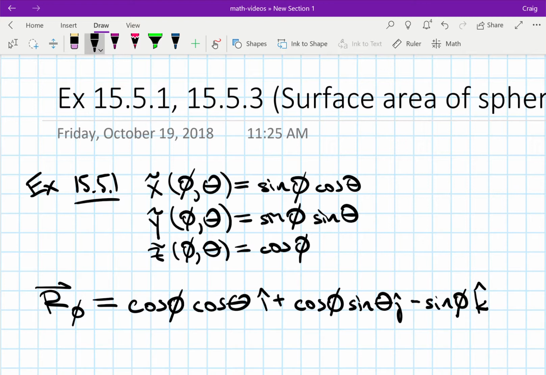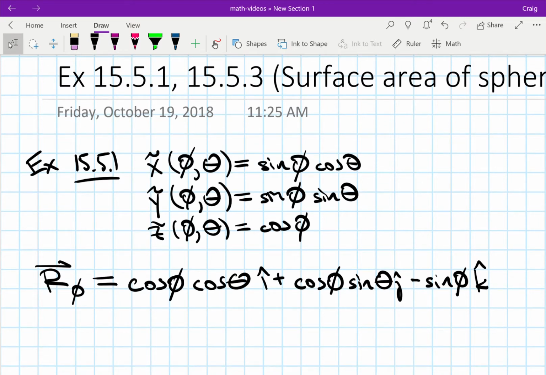So that means if we change the latitude when we're at the equator, we're moving straight down. That's this last term.